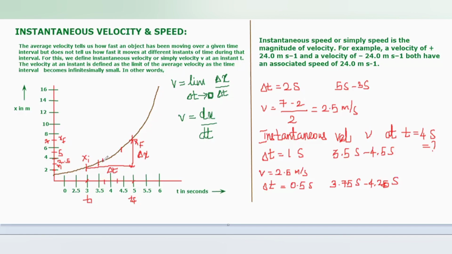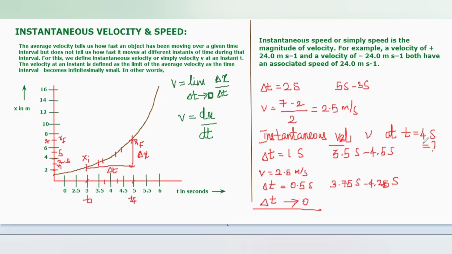So here, what is the change in position that we can calculate? Like that, if you decrease the del t, that means the time interval infinitesimally small, then the del t approaches 0. Then that velocity is called the instantaneous velocity at that time t equal to 4 seconds.